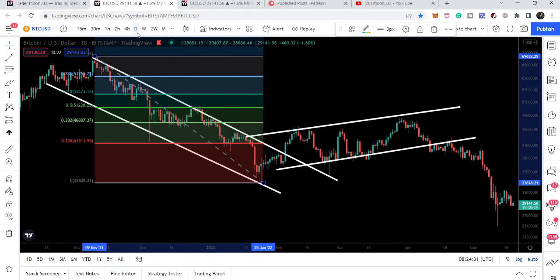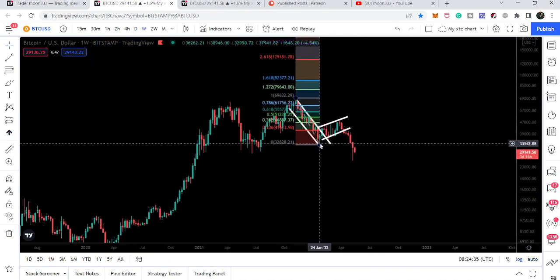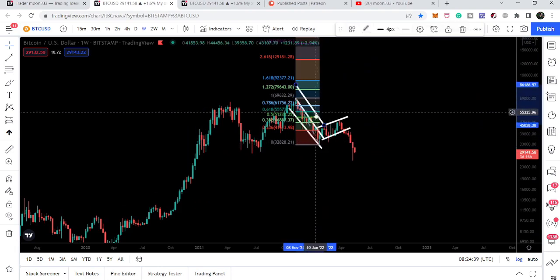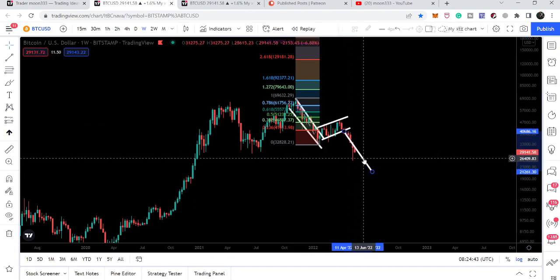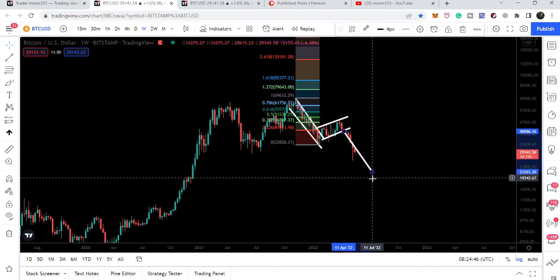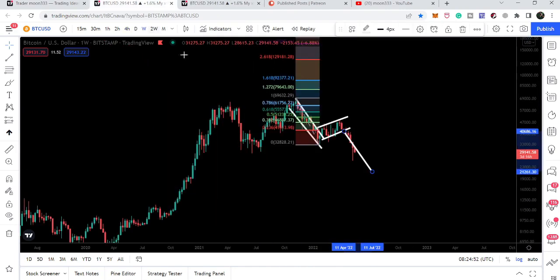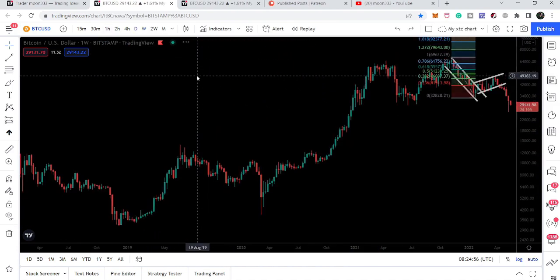Now, if we take a look at the target for this bear flag to the downside, then our target can be, this is the pole of the flag, and if we place it here at the breakdown point, that is approximately at $21,260, very close again to this support of the 200 weekly simple moving average that I was showing you recently.